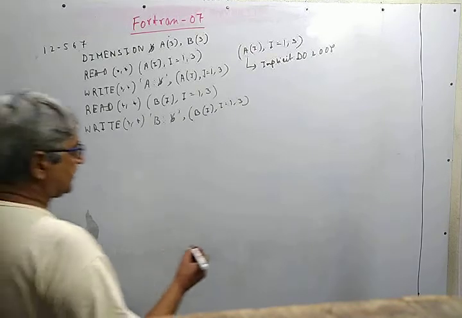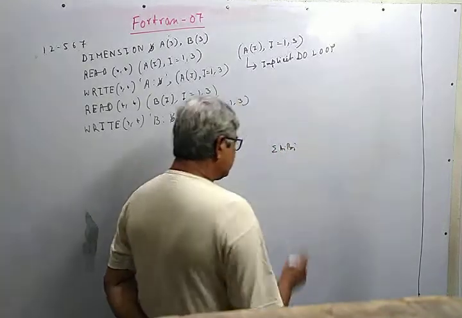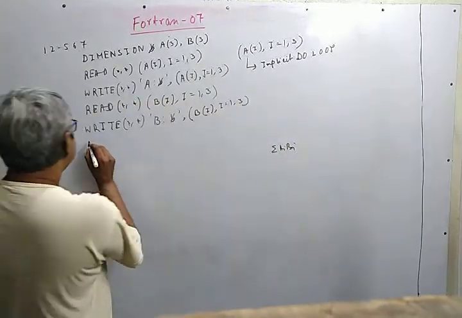Then we are to execute this part. This is summation over A(I) B(I). So first we must initialize.